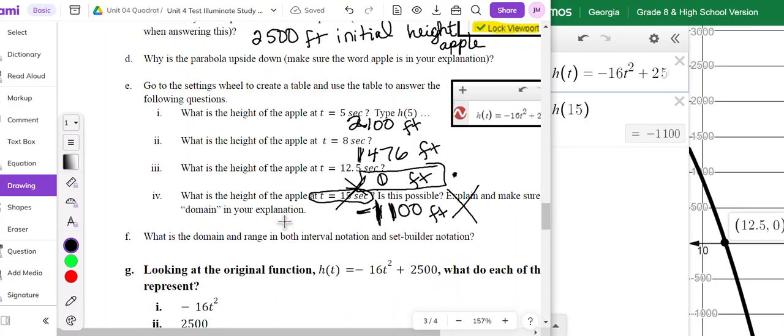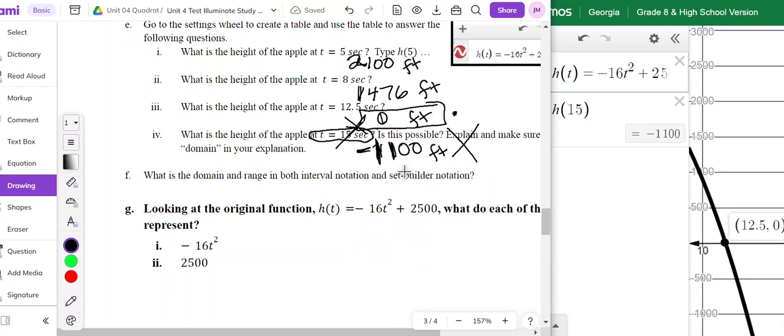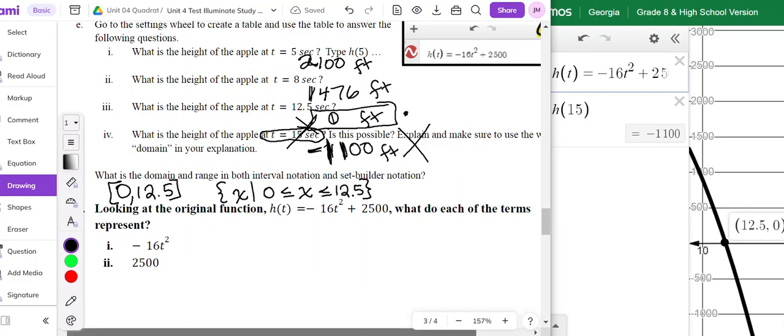What is the domain and range in both interval notation and set builder notation? All right, domain from 0 to 12.5. And then so curly brackets, x such that x is between those two numbers. And range now.